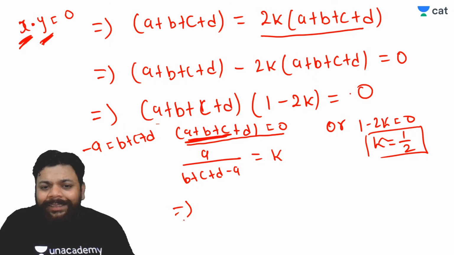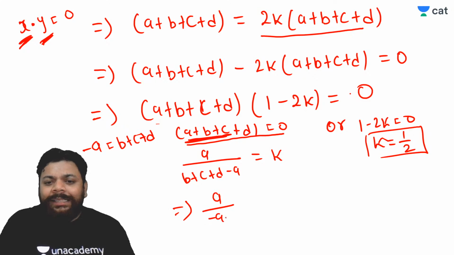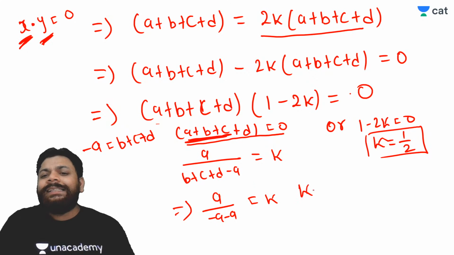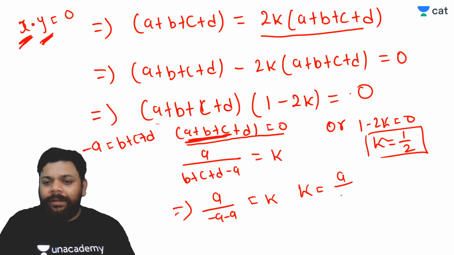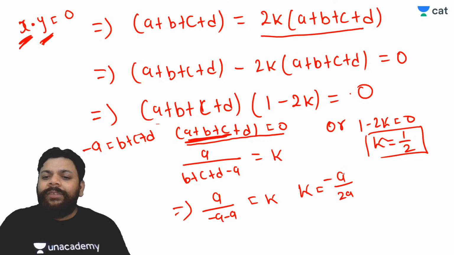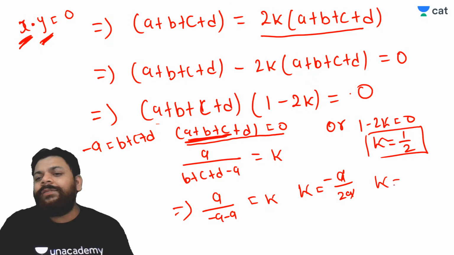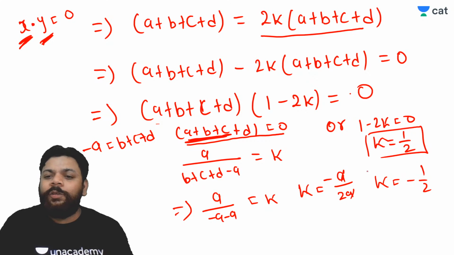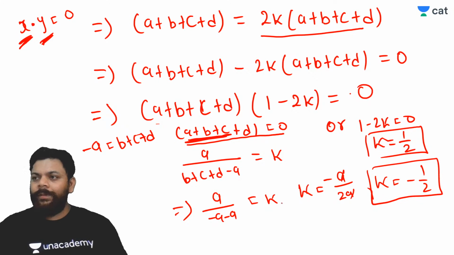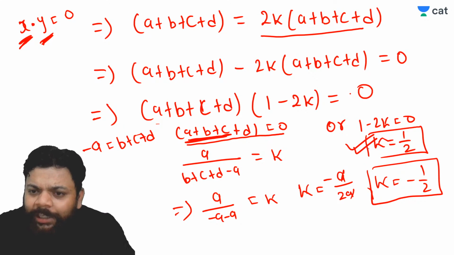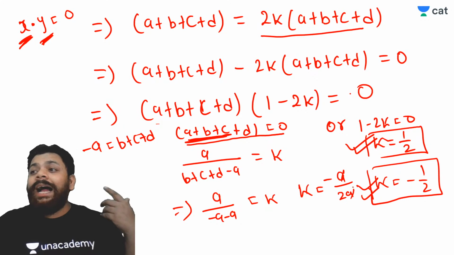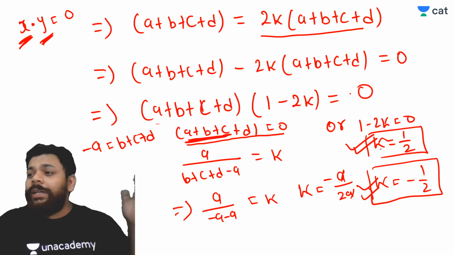So can I write this, a divided by minus a is equal to k, or I can say that k will be equal to a divided by minus a, and whenever I cancel this, I'll get the value of k as minus 1 by 2 also. So the value of k can be half, and the value of k can also be minus half, and that's the reason it cannot be zero.